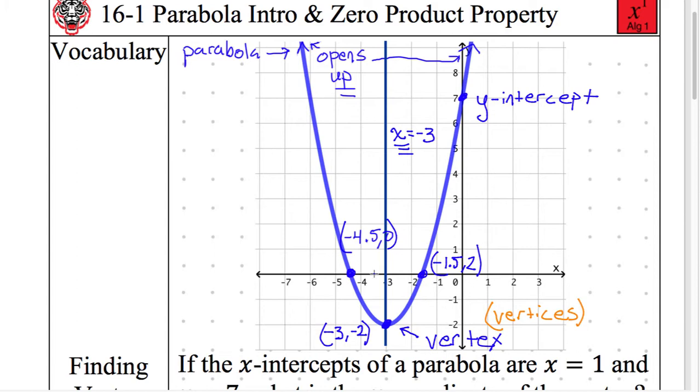Those two things are called the x-intercepts. We'll label that as well, x-intercept. And there are two of them in this case. You can have no intercepts, you can have one or two intercepts. You cannot have 3 intercepts, because there's no way for this function to come back down to intersect the x-axis again.